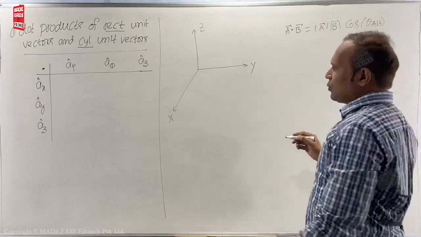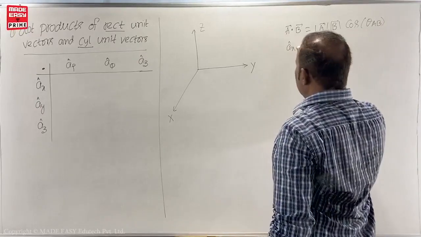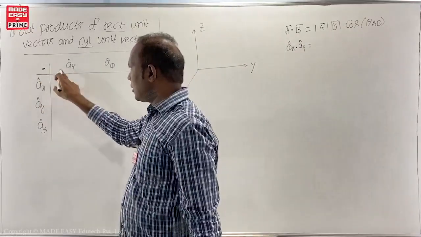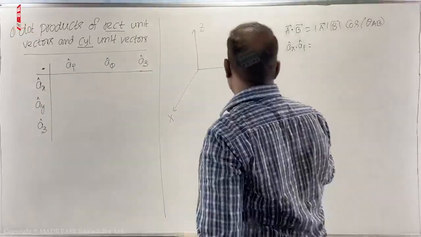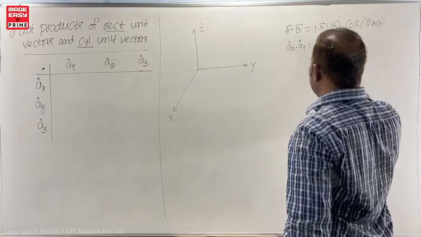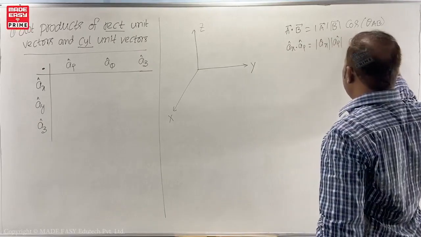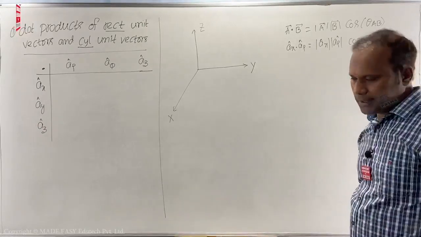So ax dot a rho is equal to modulus of ax, modulus of a rho, cos of the angle between the x-axis and the rho axis.